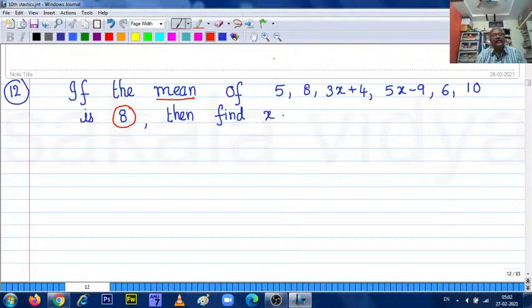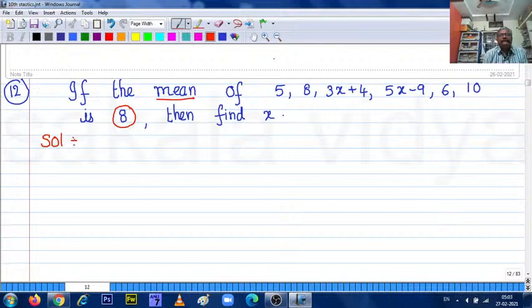The mean is given by sum of observations divided by number of observations, and that is equated to 8. By cross multiplication you get a linear equation, and by solving it we shall get the value of x. So let us proceed to the solution.